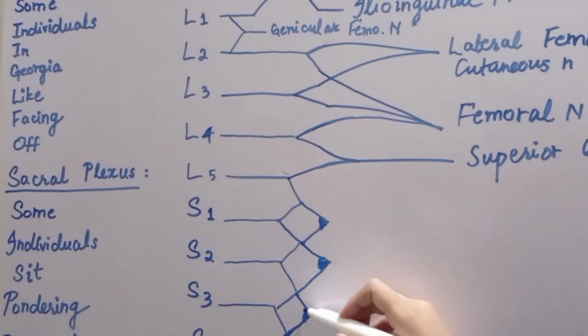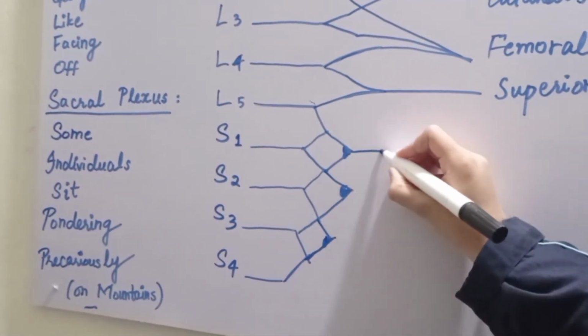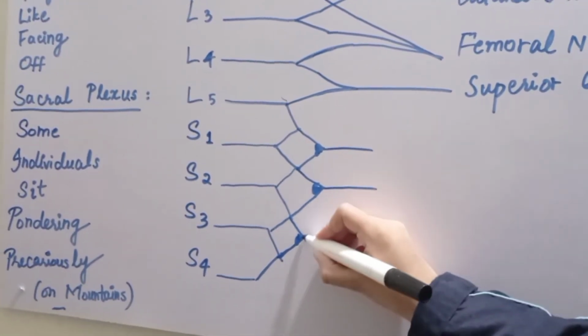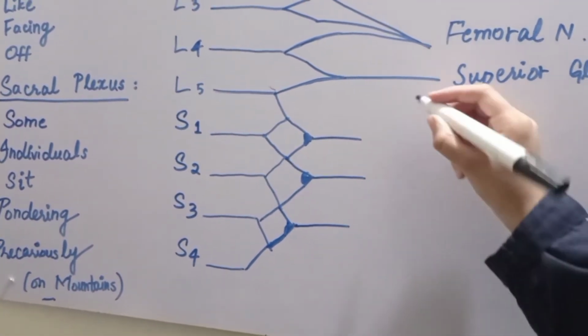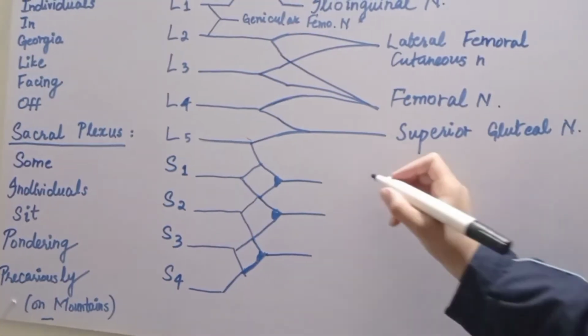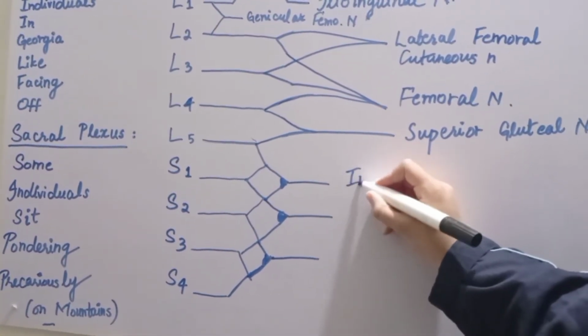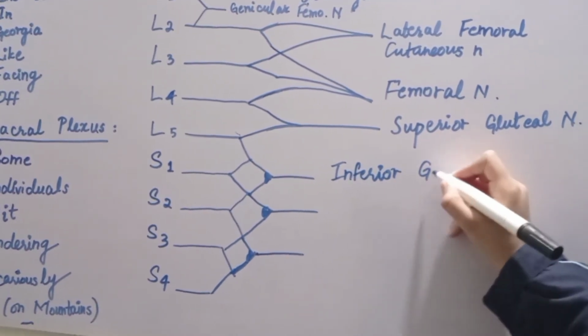Now let's derive some branches out of the peaks of these mountains. Okay, they look more like pencils to me, but for the mnemonic to help us out, we're calling them mountains. Okay, now let's name the nerves that these branches are going to form. So the first peak is going to be forming the inferior gluteal nerve.